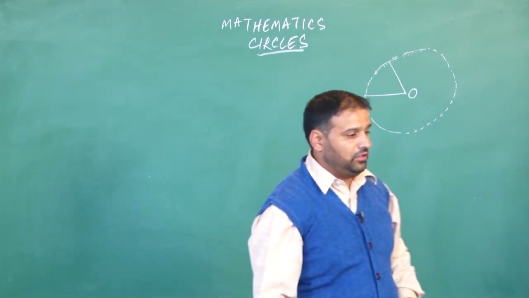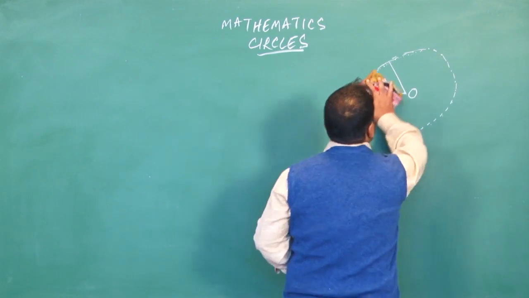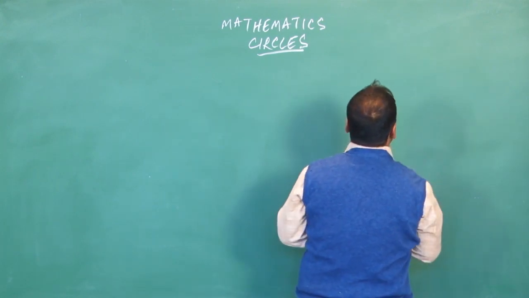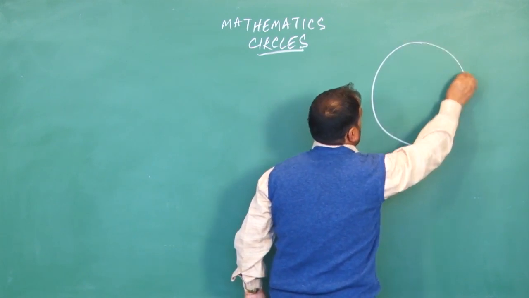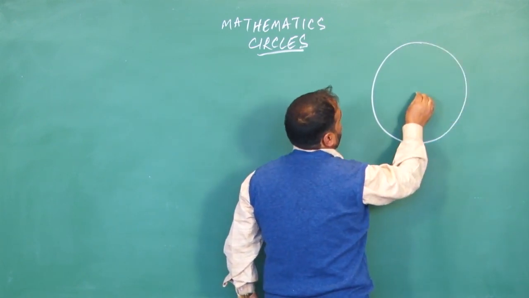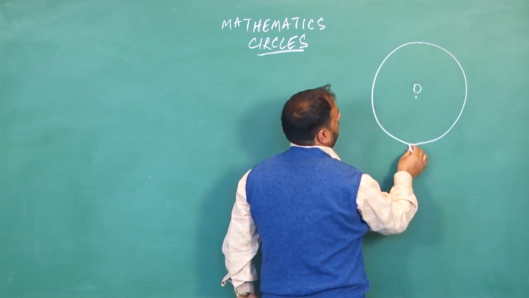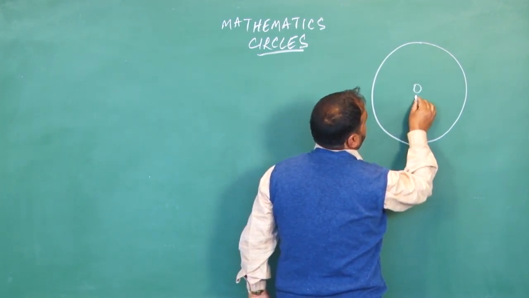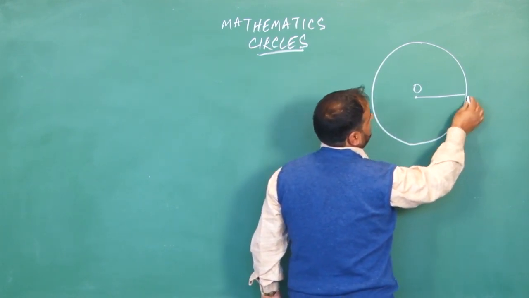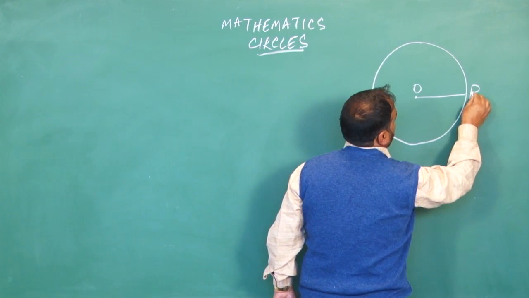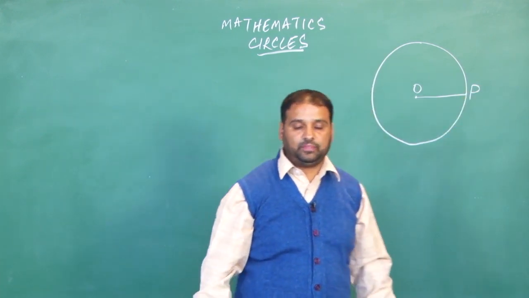So, to know more about the circle, let us draw a circle with a fixed point in the center, that is called the center of the circle. If you draw a line on the circle so that one point is the center and another lies on the circle, this is called the radius of the circle.